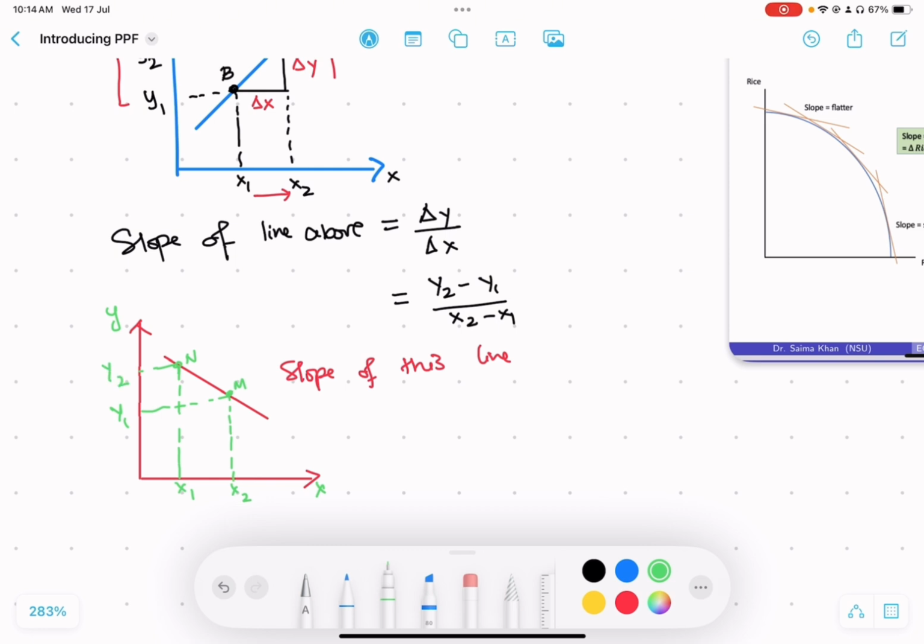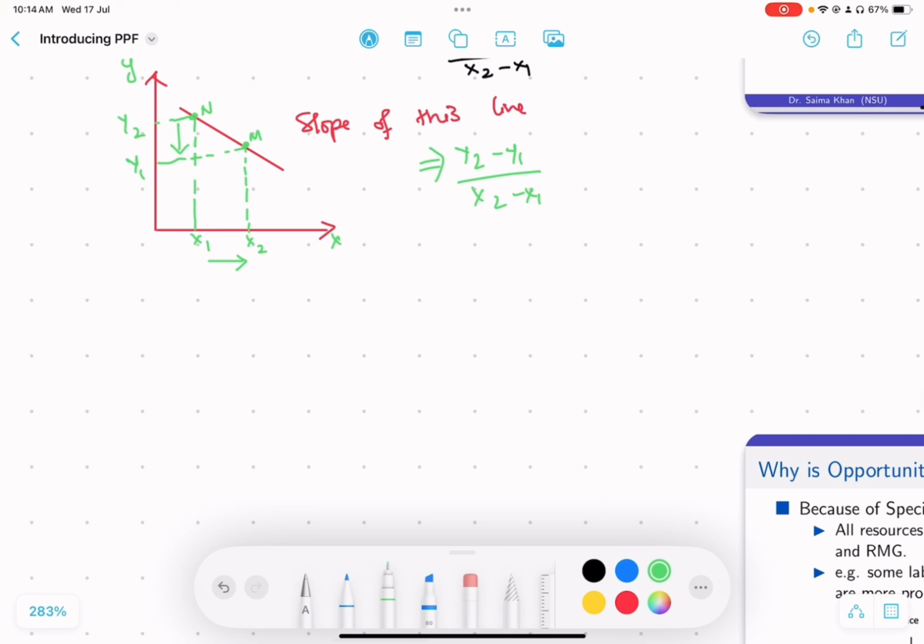Again the slope is y2 minus y1 divided by x2 minus x1. The formula is always the same. It is looking at: if I change x by this much, what is going to be my change in the y-axis? That's what the slope tells you.